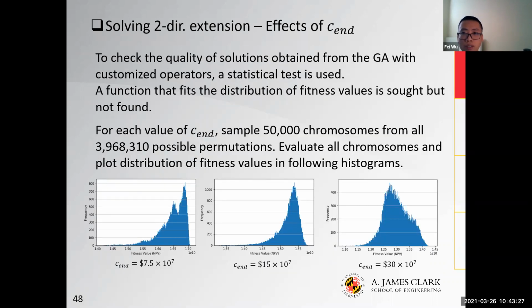We also checked the effectiveness of this customized genetic algorithm with a statistical test, where we randomly sampled 50,000 chromosomes from all possible permutations of the chromosomes, and then we plotted the histograms for the fitness values for each terminal cost value.